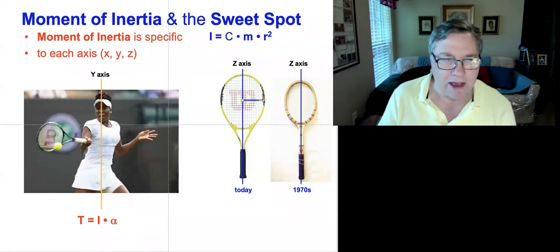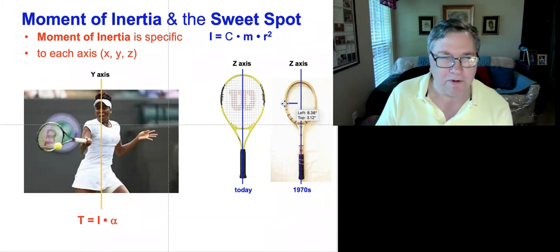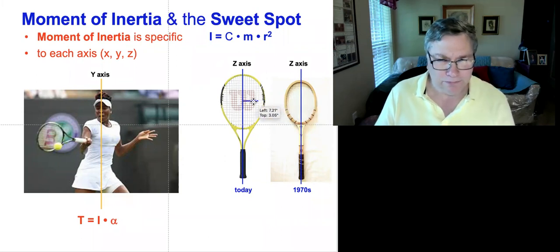Here's the center of mass. And I'll maybe put it just inside because the strings have a little bit of mass, but not much. So here's the frame. This radius you can see is much, much higher, much longer than we see for the wooden racket, right? And so what does that mean?